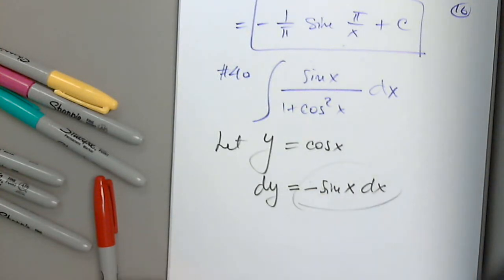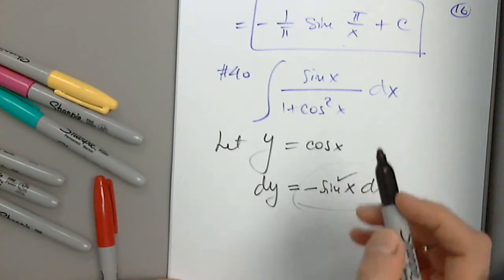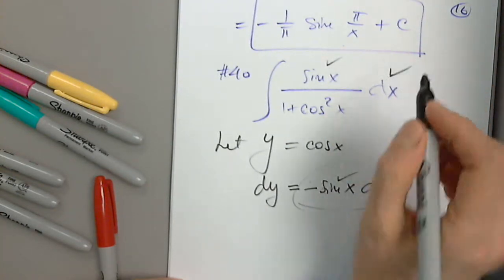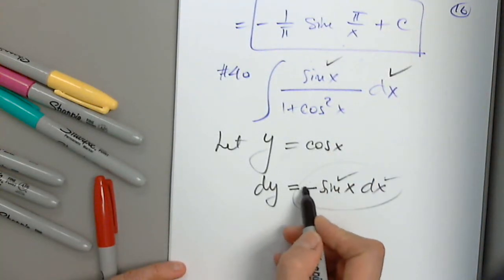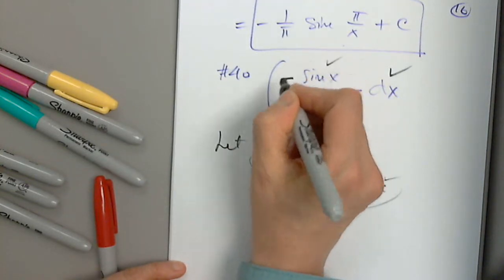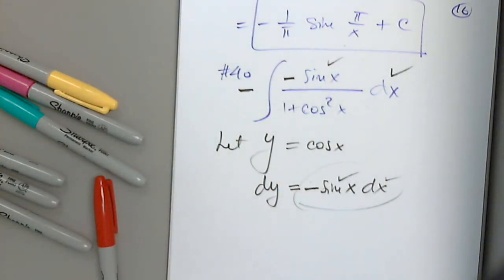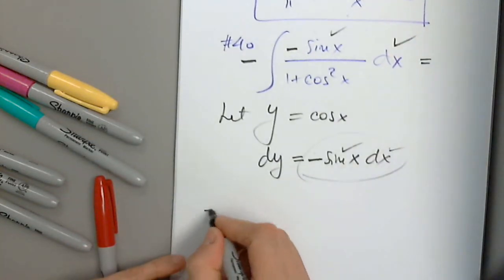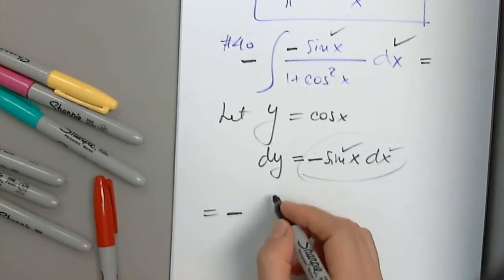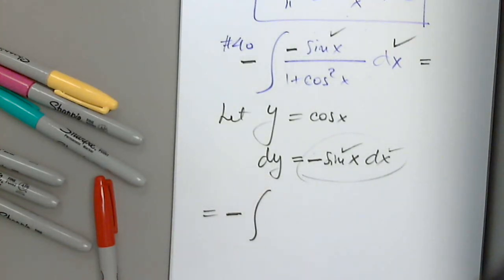Is this in the problem with minor change? Yes, sine is here, dx is here, both at the top. I am missing this minus, no problem. I multiply by -1 twice. And then, what do I have? Negative outside.